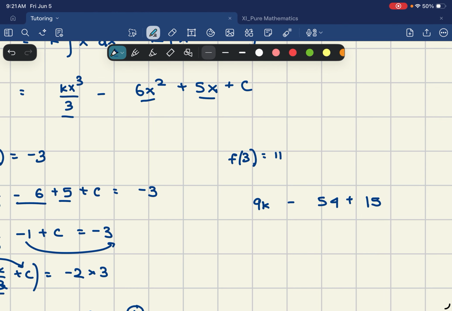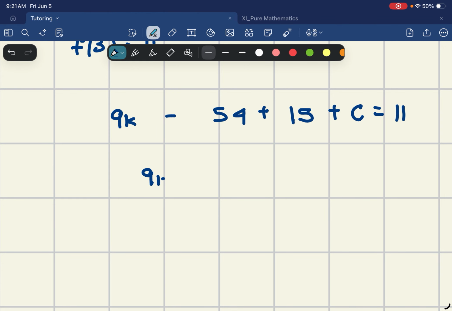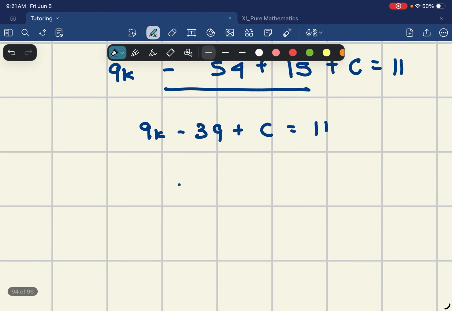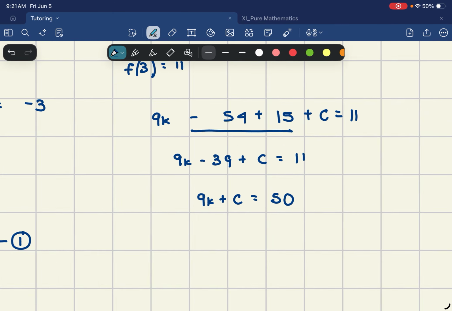Plus 5 threes are 15, plus c is 11. So negative 54 plus 15 gives you negative 39. Now if I add 39 on both sides, I get 9k plus c is equal to 50.